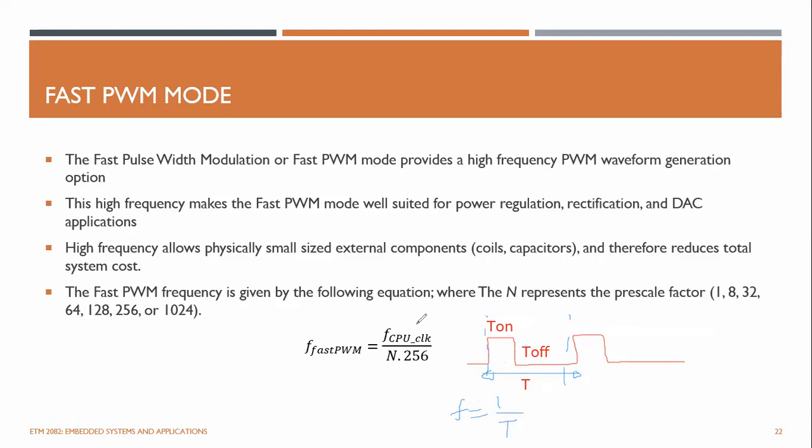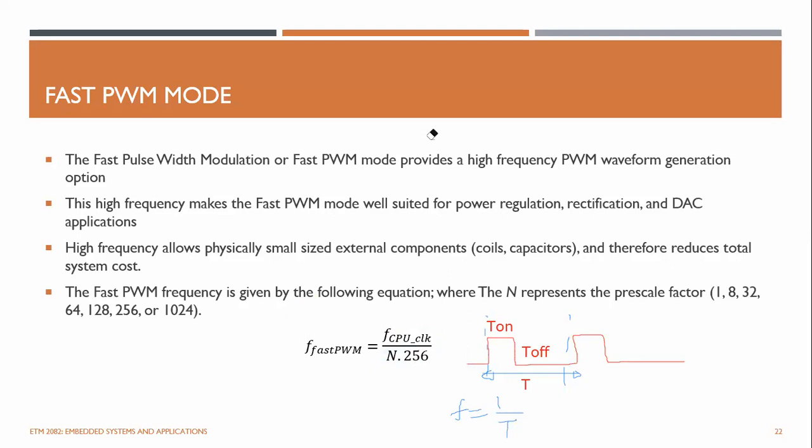That is given by the CPU clock frequency divided by the prescaler divided by 256. 255 is the maximum value that you can have, but it can go up to 1 when it generates the interrupt. That's why this number came.